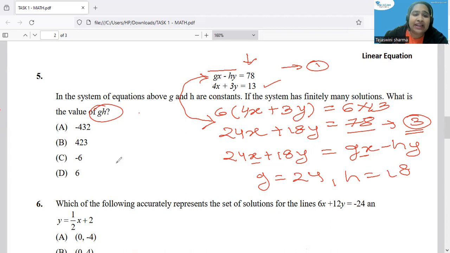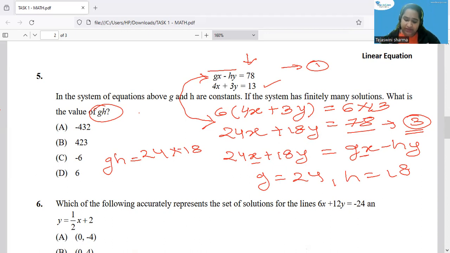So in that manner, when you want to find the value of gh, you will simply multiply 24 by 18. Also, this value of h is negative 18, because h is negative here.